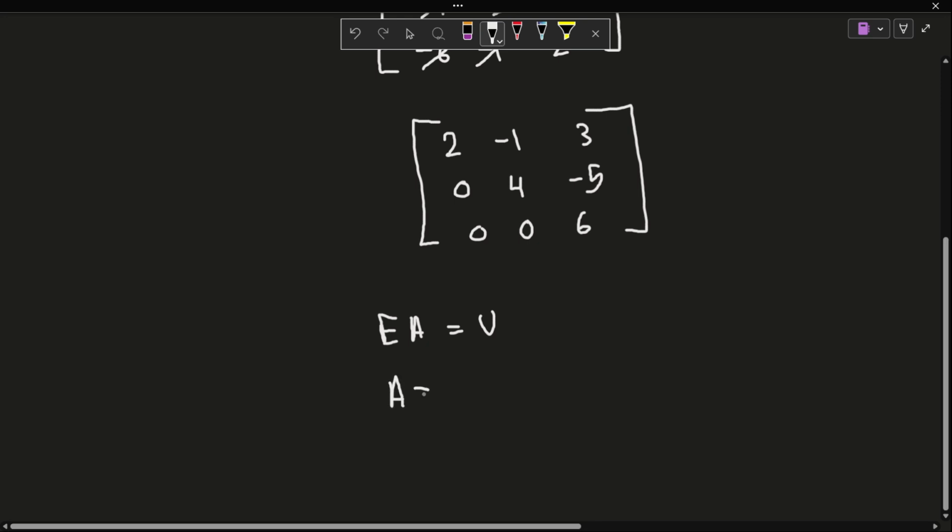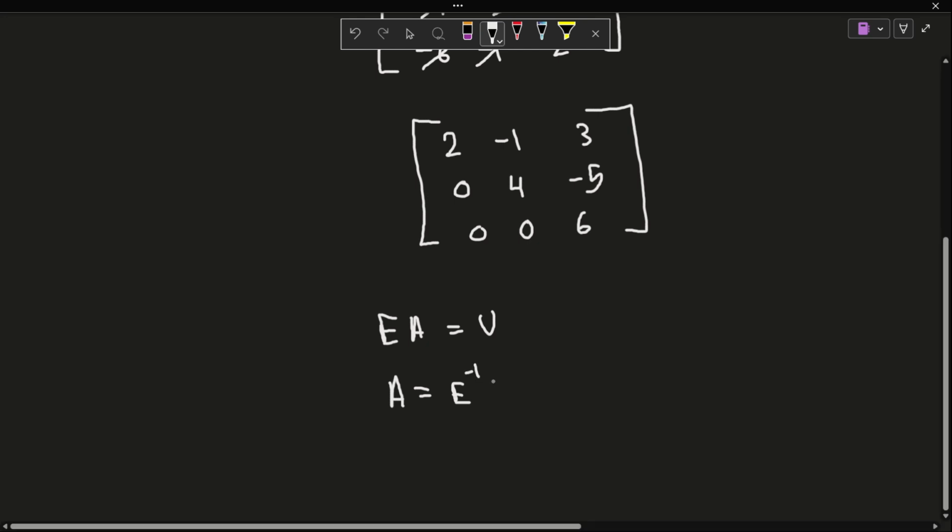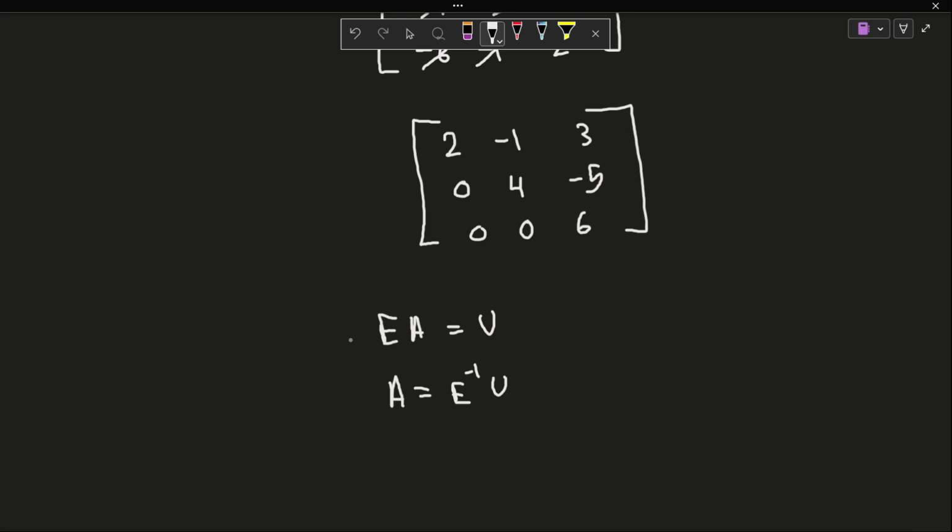Let's isolate A in this just by using the inverse. So A equals E inverse U. I just multiplied E inverse to both sides, putting it first, and then the E's would cancel on the left side.